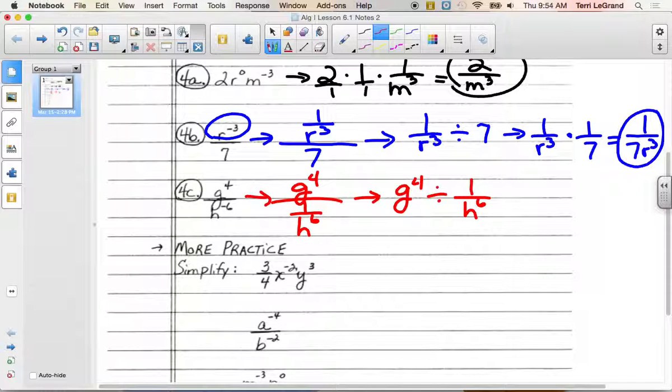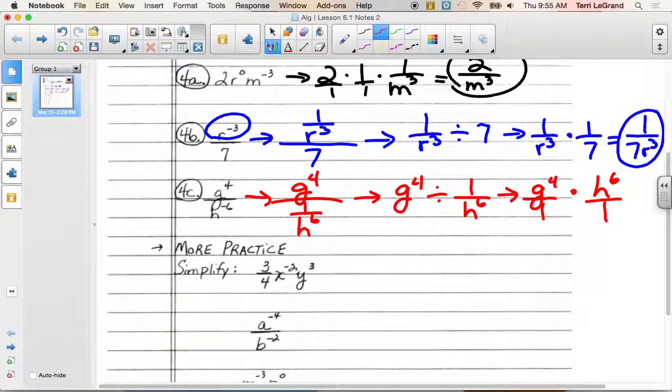The reciprocal of which one? The g to the 4th, or the 1 over h to the 6th? 1 over h to the 6th. What you're dividing by, that's what becomes the reciprocal when we change to multiply. So the first one we don't change. What you're dividing by changes to its reciprocal.